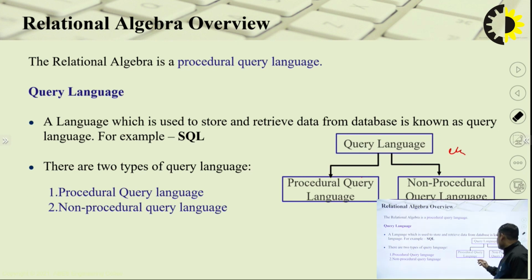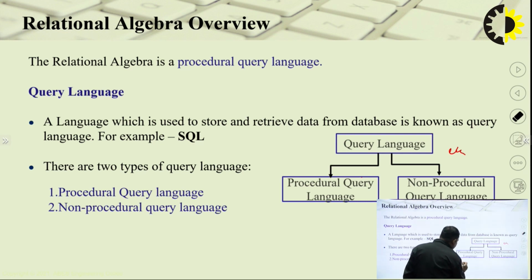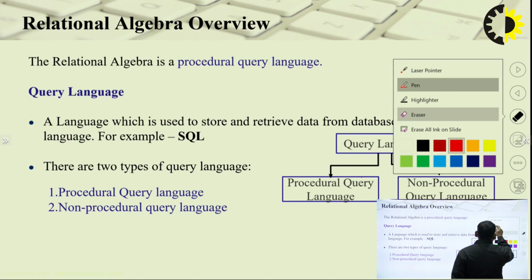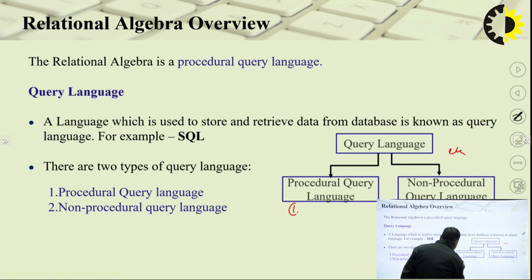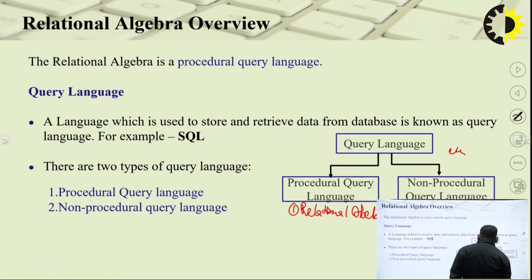First is the procedural query language, second is the non-procedural query language. The procedural query language is implemented by relational algebra, and the non-procedural query language is implemented by relational calculus.